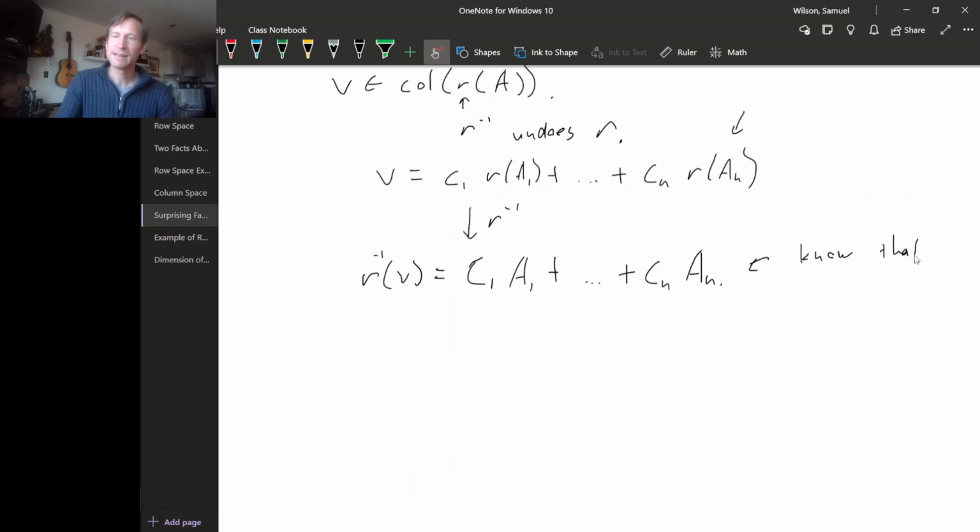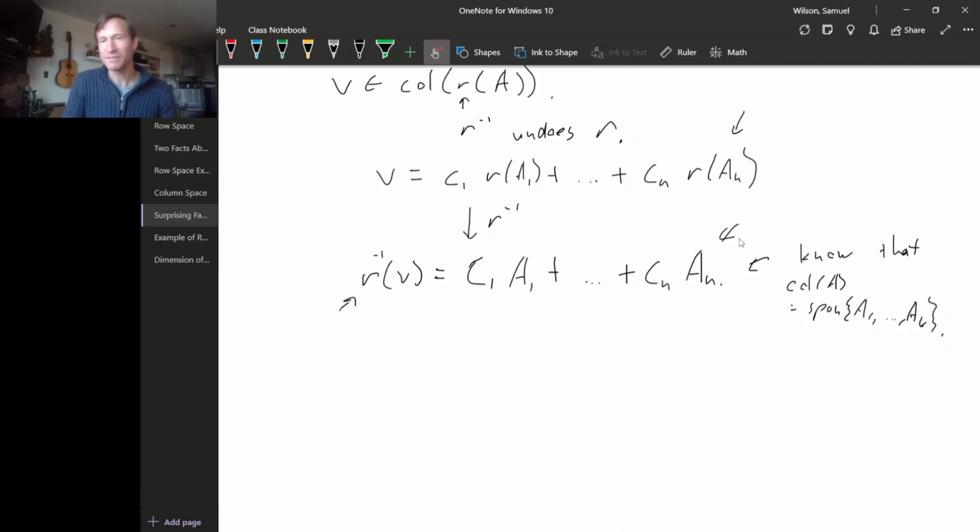that the column space of the original matrix A is equal to the span of A1 through AK, right? Remember at the beginning we threw away the redundant or the dependent columns, so we don't need to write this vector, R inverse of V, as a linear combination of all the columns.